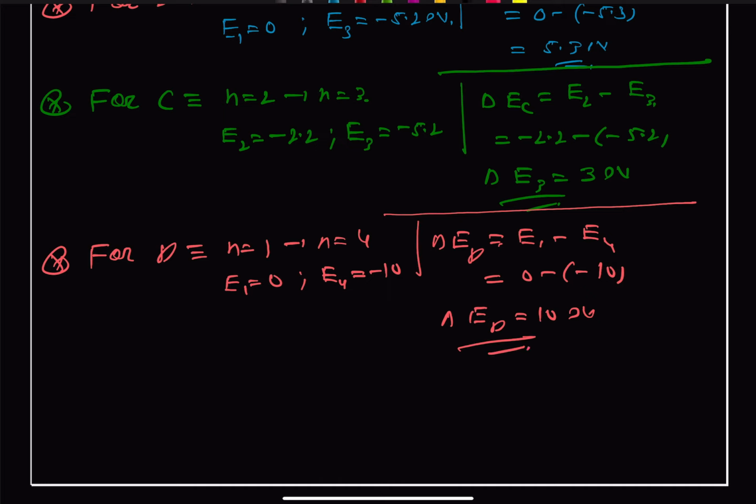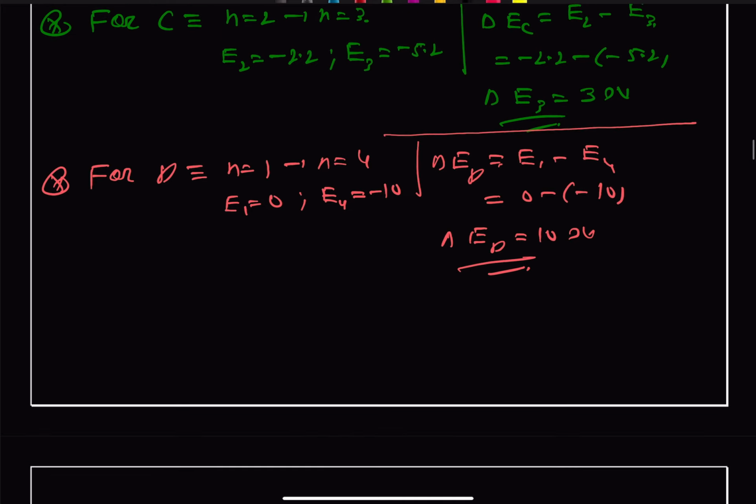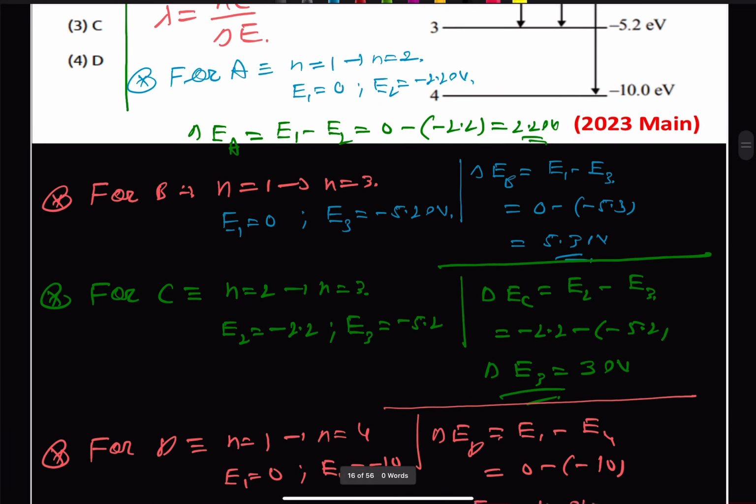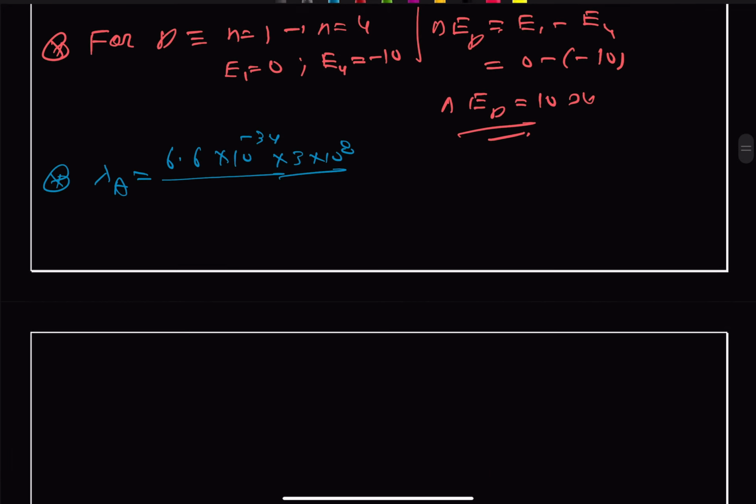Now we have got all the energy differences. Now we can find the wavelength for each. Let us start with A. Lambda A will be equal to hc, that is 6.6 into 10 to the power minus 34 into 3 into 10 to the power 8, divided by delta EA, which is 2.2 into 1.6 into 10 to the power minus 19 joules.